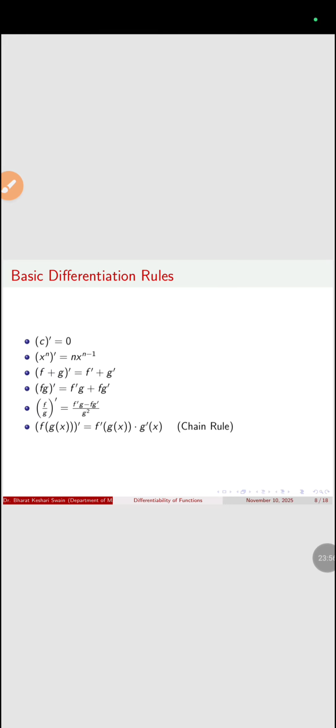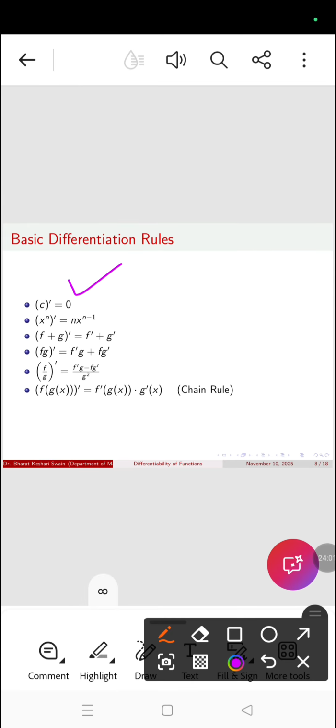So these are some basic differentiation rules. Derivative of constant is always 0. Derivative of x to the power n is n into x to the power n minus 1. These are the formulas we have to remember. Then derivative of f plus g is f dash plus g dash.